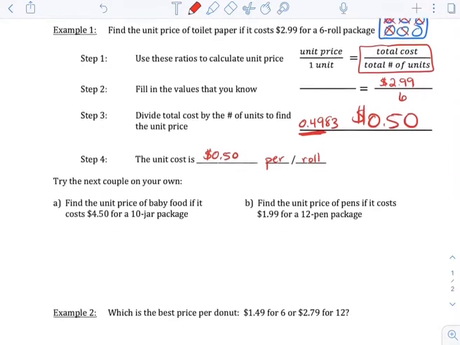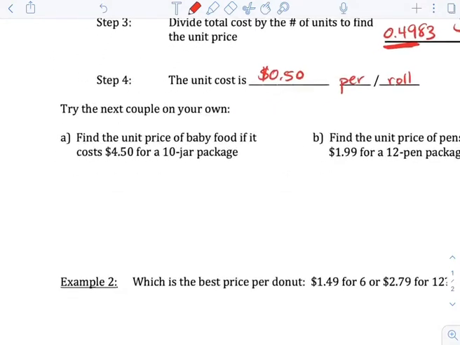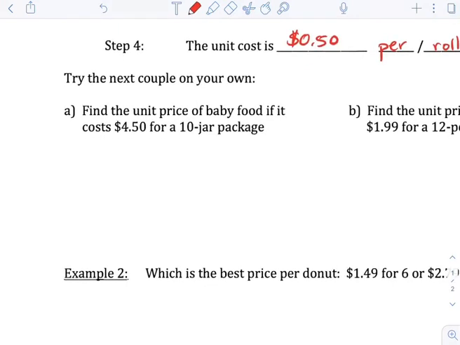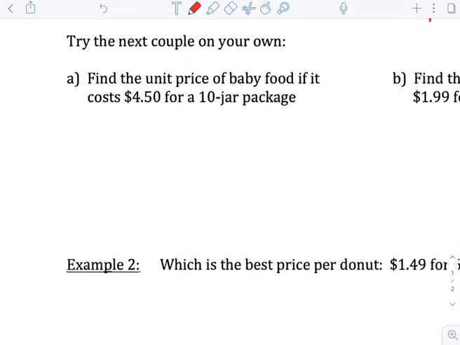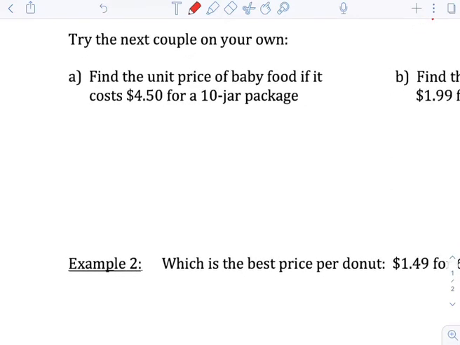So let's look at these ones. Try the next couple. As I said, you can pause it and try it on your own, but we'll continue through here. Next one says, find the unit price for baby food if it costs $4.50 for a 10 jar package. So what we're going to be doing is we're going to take the price total and divide it by number of items that we're buying.